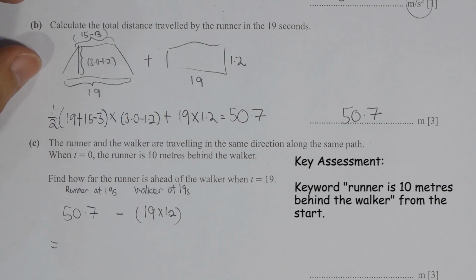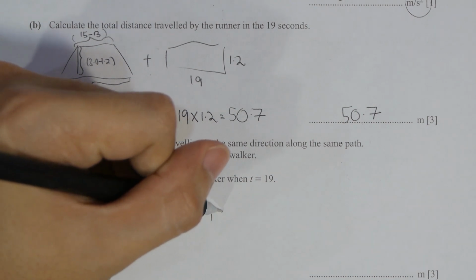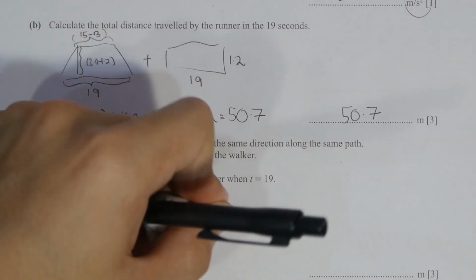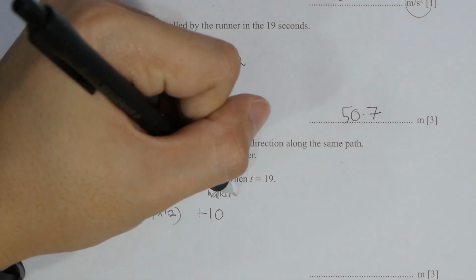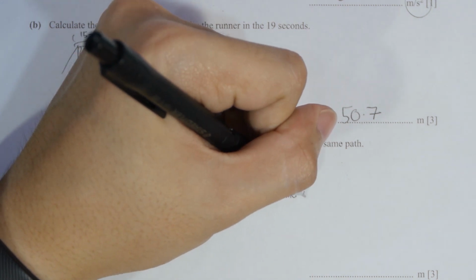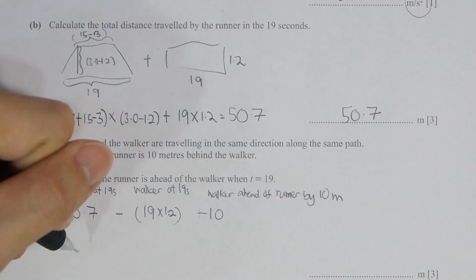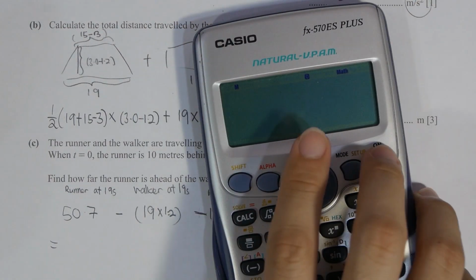So this is the total distance traveled by the runner at 19 seconds. The walker at 19 seconds is actually the area of the rectangular base. So minus it off. And the keyword here is the runner is 10 meters behind the walker. Hence, you're required to minus 10 meters from it. So your final result is 17.9.